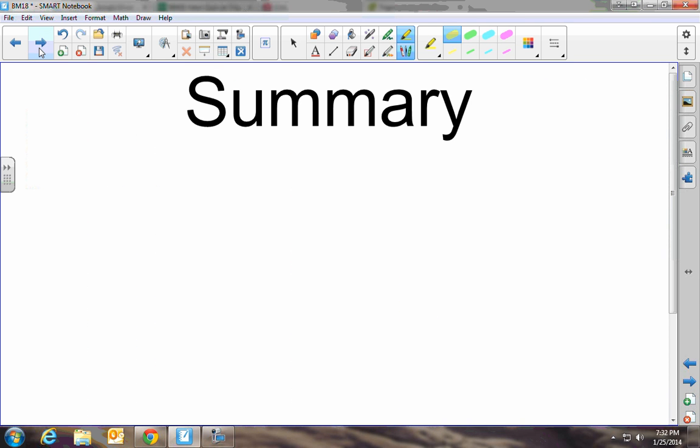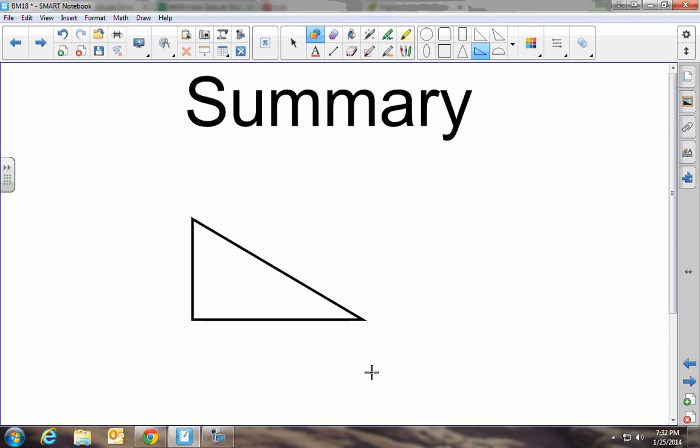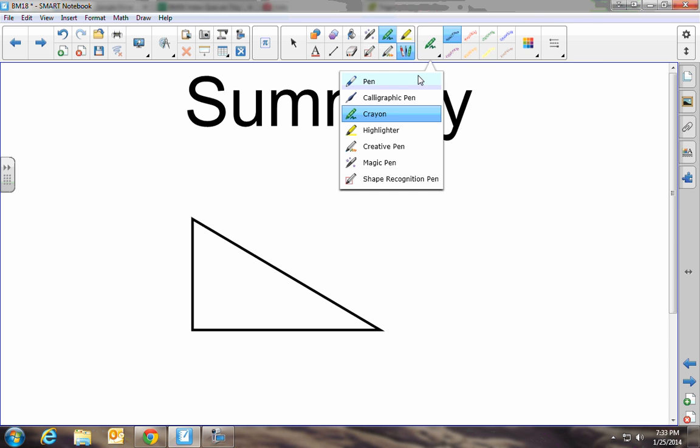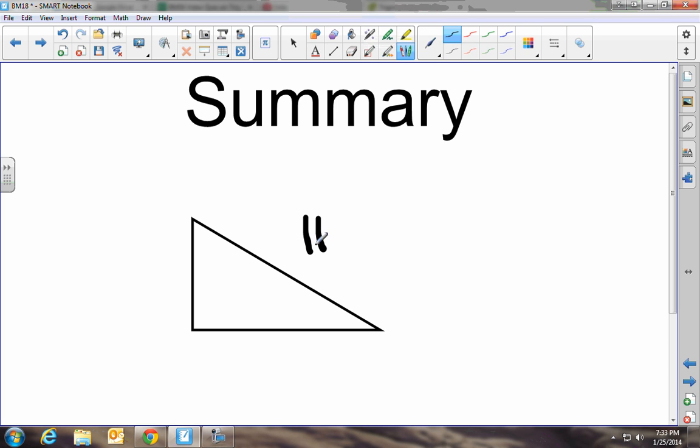So let's sum up here. We learned that in using the trig ratios, let me get a triangle up here, first off, we have to be able to identify each side. We already know this is going to be the hypotenuse. That's our right angle, and depending on if we're looking at this angle or this angle, then these sides will be opposite and adjacent, or those could be flipped around depending on which angle.